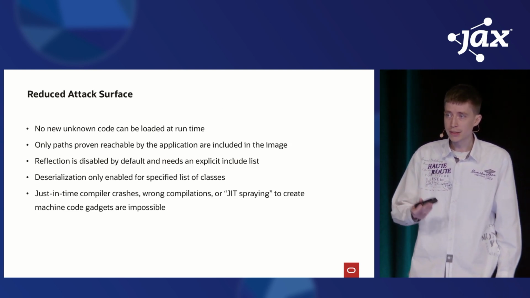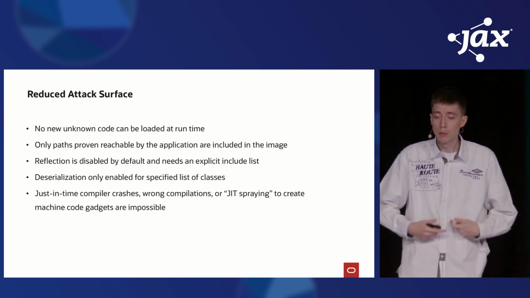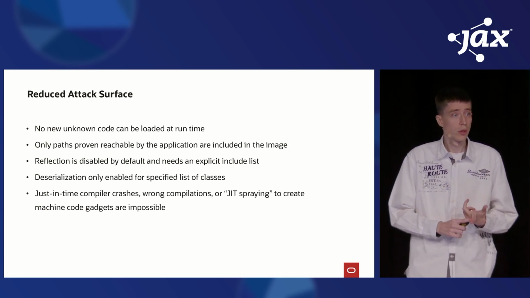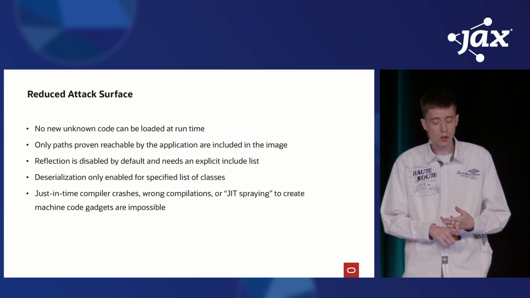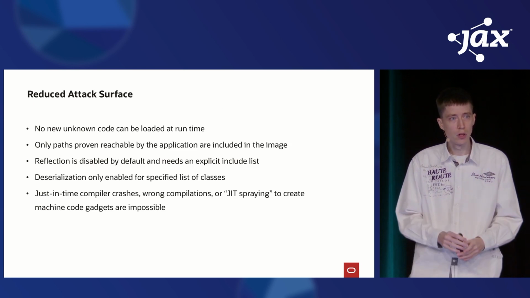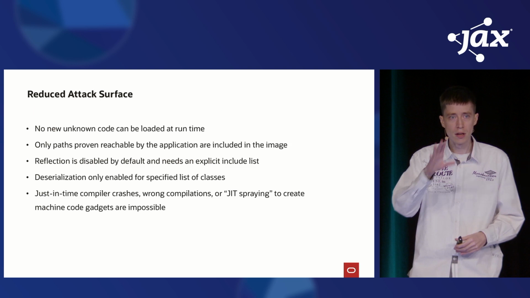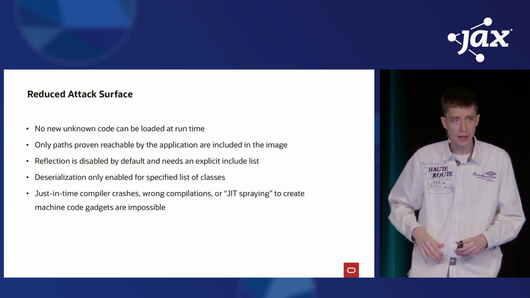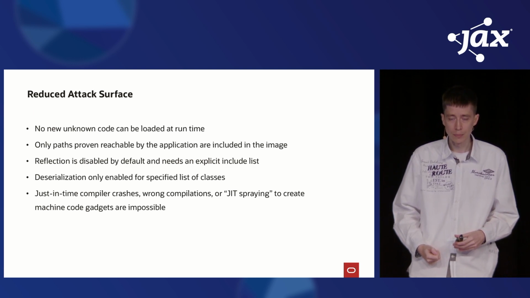And finally, the just-in-time compiler itself is a very complex piece of software. So possible attacks could be to trigger wrong compilations, to trigger a crash on that compiler, or to have an attack using JIT spraying, where you would try to get this compiler to compile a certain pattern many times to create a machine code gadget that you need for attacking the program.